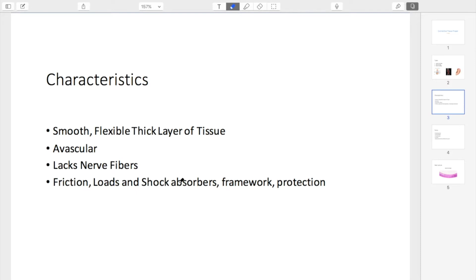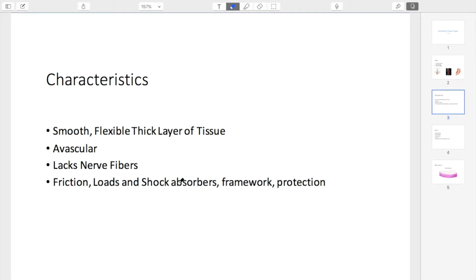Those are some characteristics. If you want to go into more detail, I'll go into detail also. But the one thing you need to understand here is that cartilages are avascular and they lack nerve fibers. That's why they have ground substance with a large amount of GAGs.